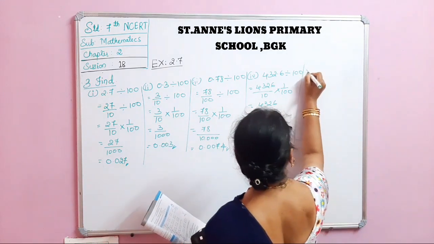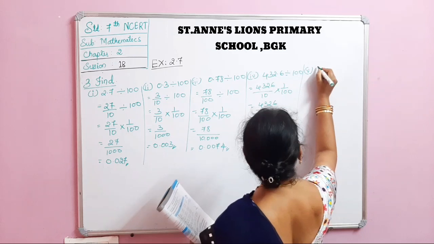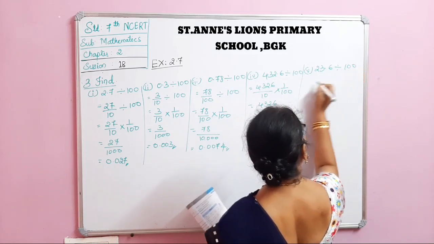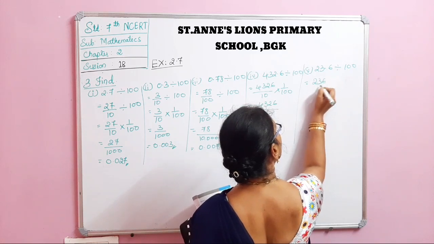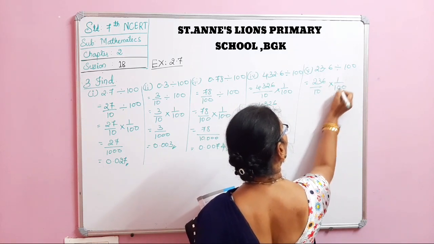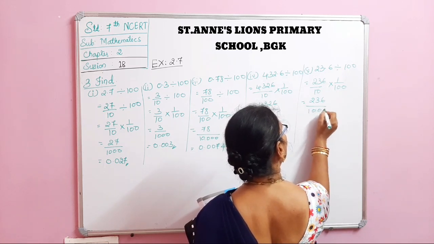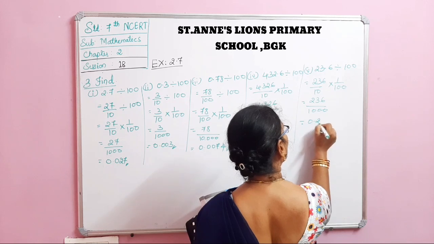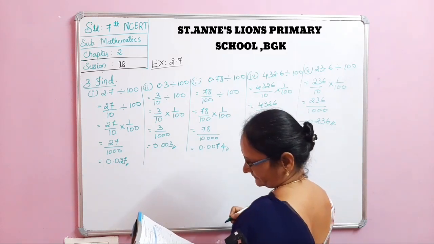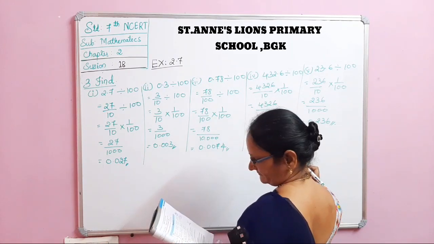The next, fifth one, 23.6 divided by 100, that is 236 by 10 into 1 by 100. 236 by 1000, that is 0.236 is the answer.